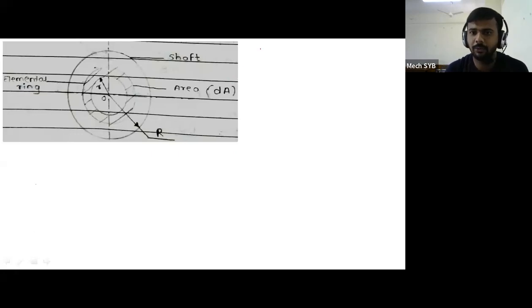So we have calculated the equation, that is tau upon r is equal to G theta by L. This is equation number 6. But as I have told, whatever the torque is applied or developed in the rotating shaft, it is always maximum at the outside diameter.